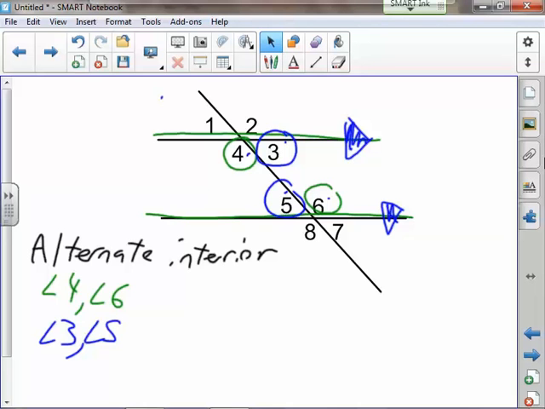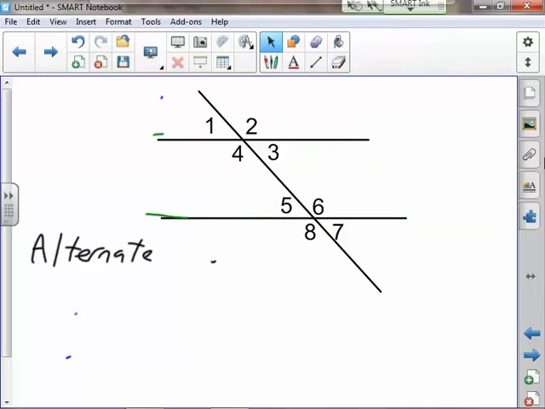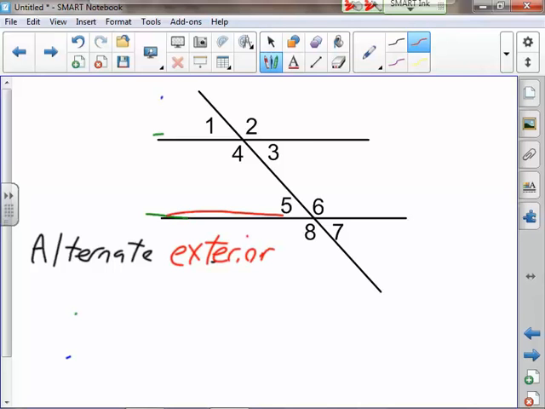As opposed to alternate interior, we can also have alternate exterior. And so I would ask, what would be on the exterior of these two lines?